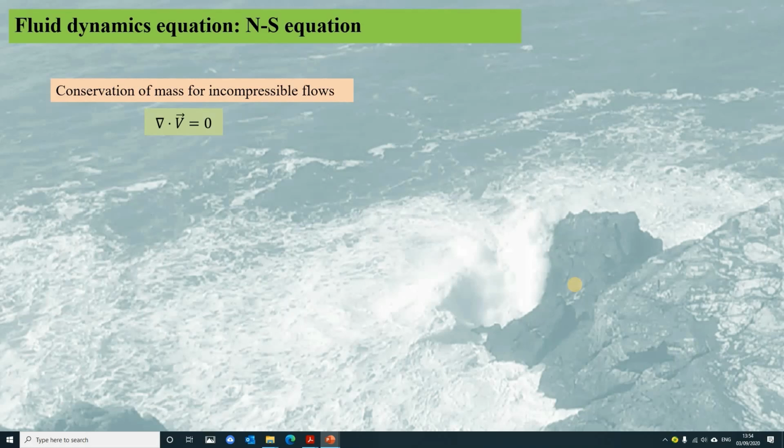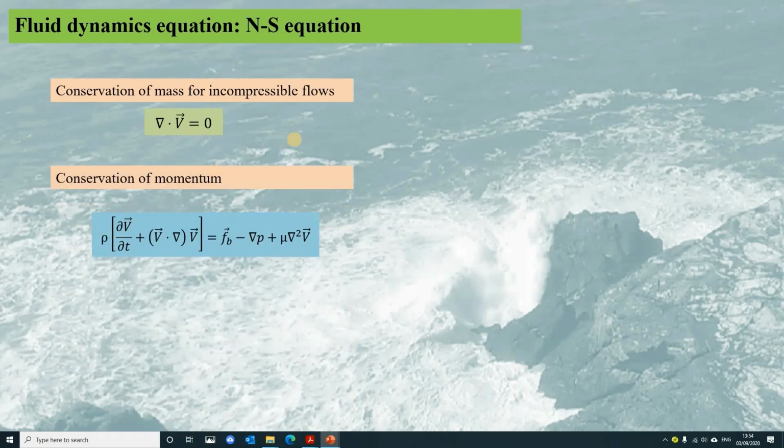For many practical problems, the flow can be regarded as incompressible, for which the Navier-Stokes equation is comprised of a continuity equation given by this for the incompressible flow, and the momentum equation for three components of the velocity vector v.